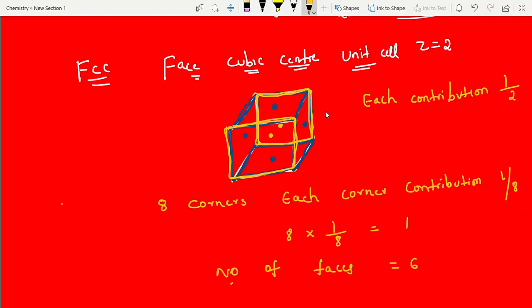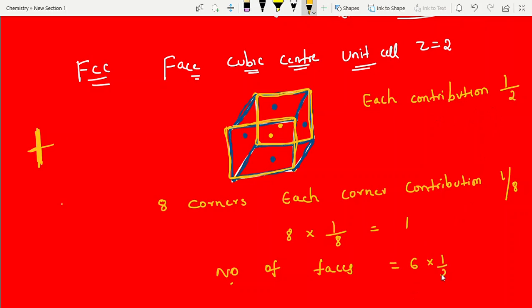That wall is connected to the 2 rooms. One is maybe a bedroom, one is a hall, or something else. Definitely this wall space is shared by 2. Suppose you are sitting in a common hall, that common hall one wall you can consider. The wall is connecting to the next room and this one. So each one is sharing 1/2. Each contribution is 1/2. That's it.